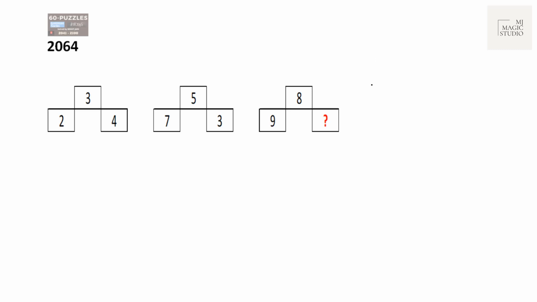Okay, let's quickly check this one also. 2, 3, 4, but here it is not 5, 6, 7 or 8, 9, 10. No. Okay, it's just an average, I guess. 2 and 4 is 6. 6 by 2 is 3. 2 plus 4 by 2 is 3 on the top. 7 plus 3 is 10 by 2, that is 5 on the top.